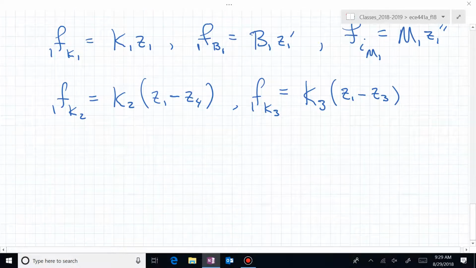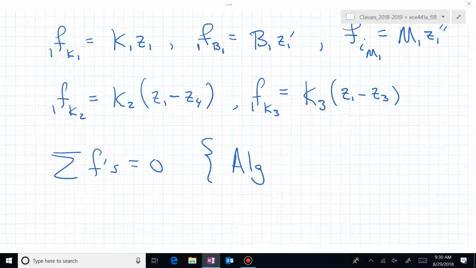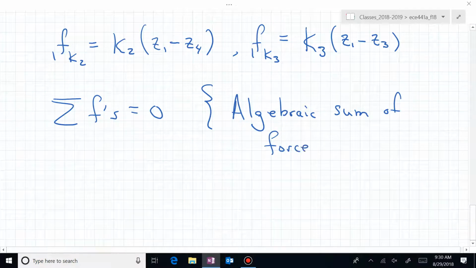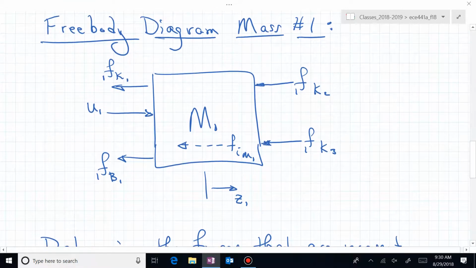We want to say the sum of the forces equals 0, and this is now an algebraic sum, so if we have some forces going to the right and some going to the left, we introduce a negative sign, or we say forces right equal forces left, however you want to think of it, but the algebraic sum of our forces equals 0. And if we look back at this diagram, we have 4 forces going to the left and 1 going to the right.